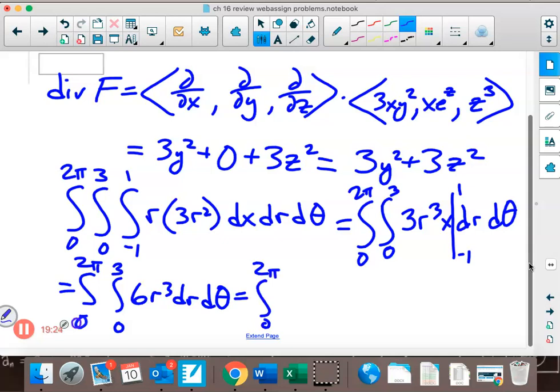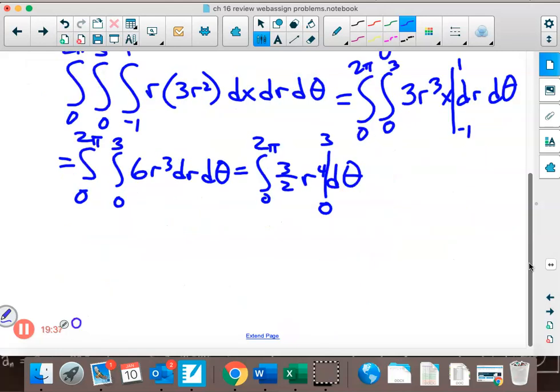So 6/4, I'm just doing this by myself. -3 to 3, 0 to 3. So it equals 0 to 2 pi. Let's see, so that's 81, 243 halves minus 0, d theta.